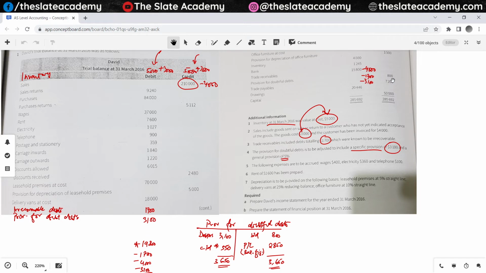What's the difference between 550 and 800? 250. So I would debit the provision for doubtful debt account, which means I am reducing this account by 250, and I would also reduce this 3,100 by 250.